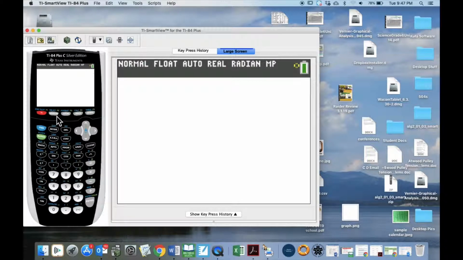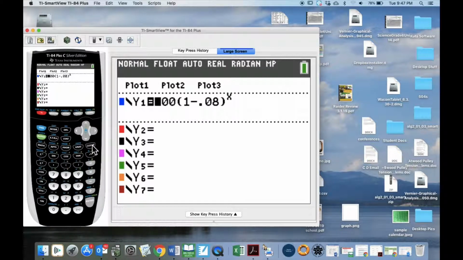Let's go to the y equals button and let's just go ahead and plug this in. I'm going to clear out my old equation from yesterday and I'm going to plug in 800 times e, so this is where I'm going to use this button here, to the power of 0.03t. And we just use the x button, just use the x.